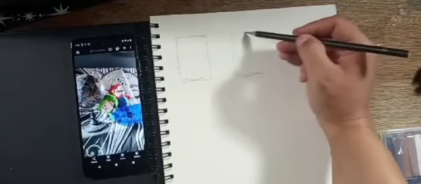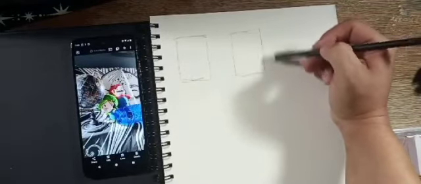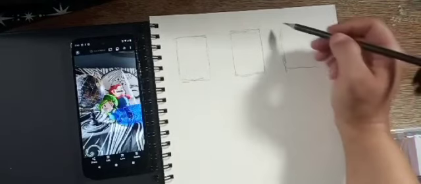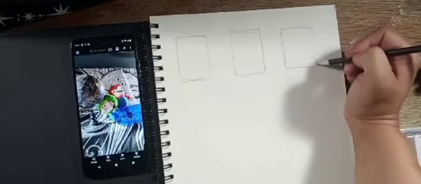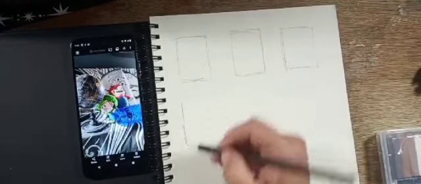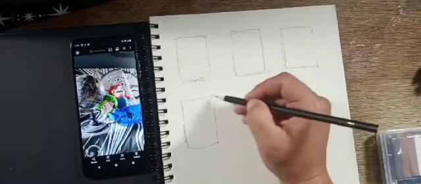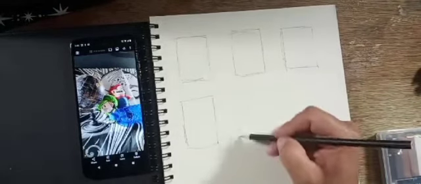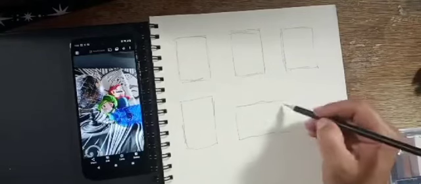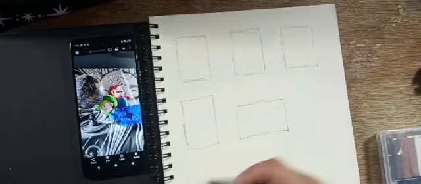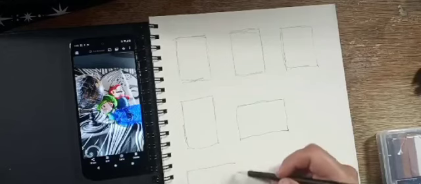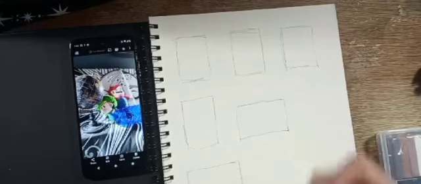And again, if you are a very meticulous artist and you like your lines to be clean, then please go ahead and get a ruler and make yourself some really nice and neat rectangles. Personally, I'm not a very neat and meticulous artist. I'm very much more expressive. So for me and the purpose of this, these rectangles will do.